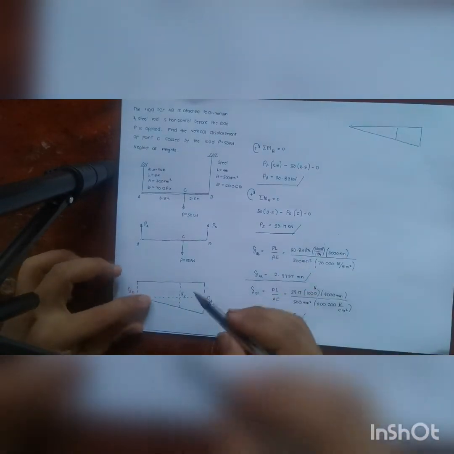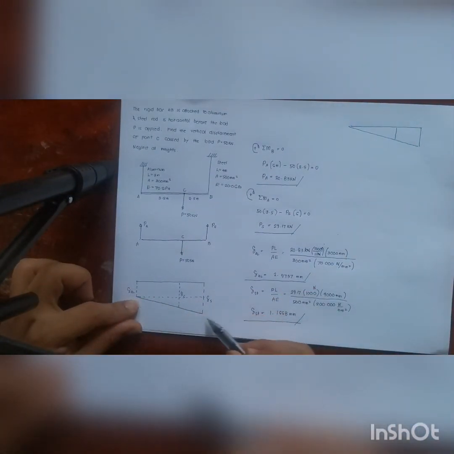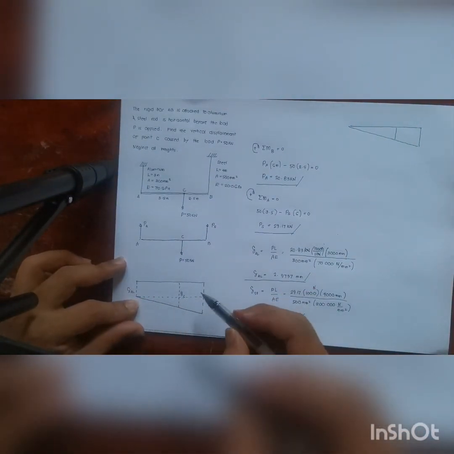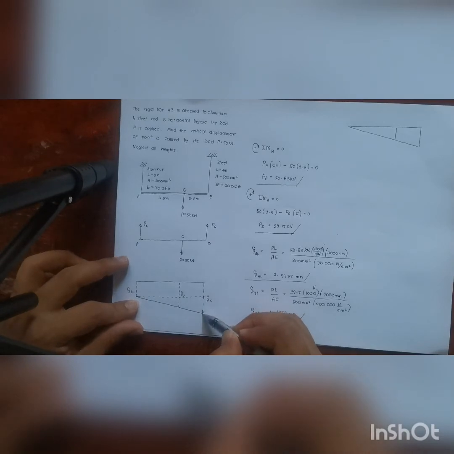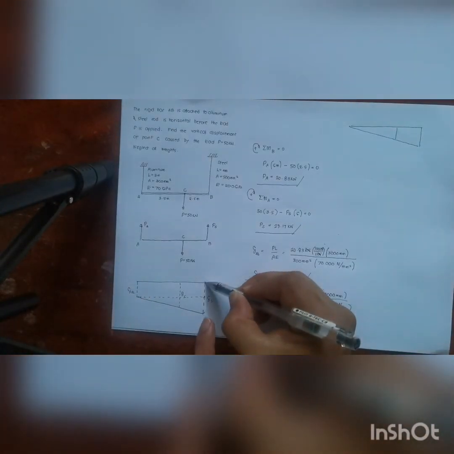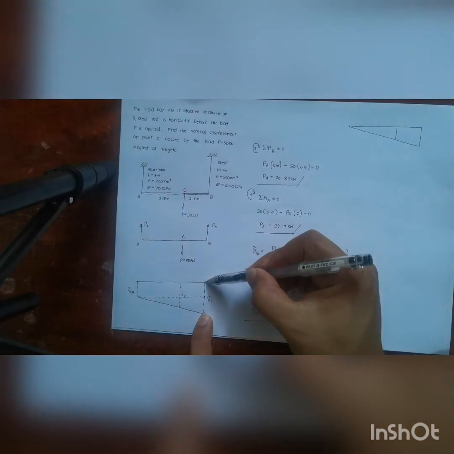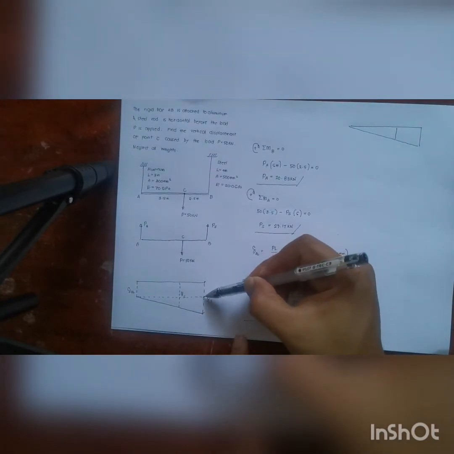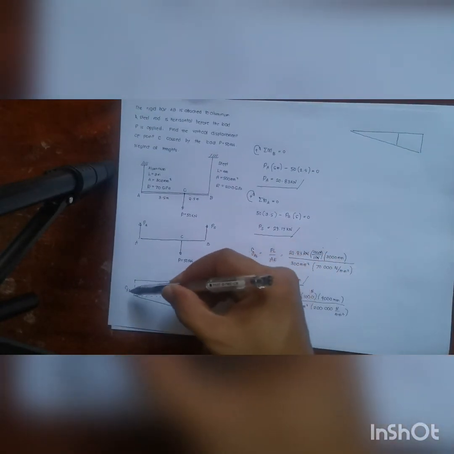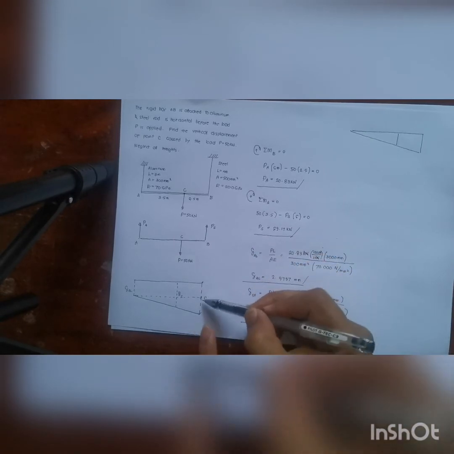Ito lang po yung ating inanalyze. So, ano to? From this point to this point, yan yung deformation of steel. Kaya lang, from this point to this point, deformation of aluminum. Tama po ba? So, pag kukunin natin to, that is deformation of steel minus deformation of aluminum.